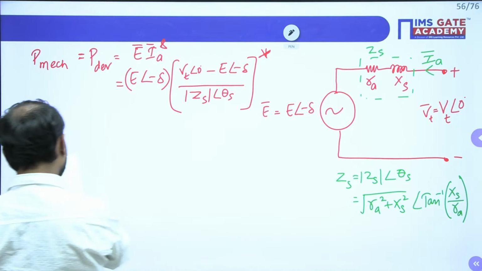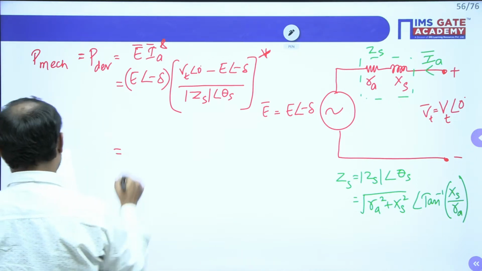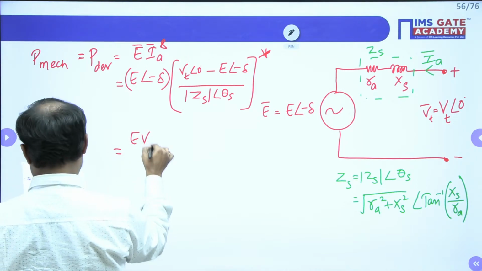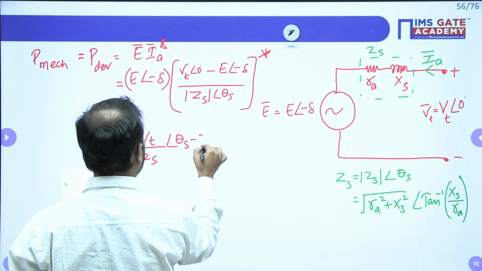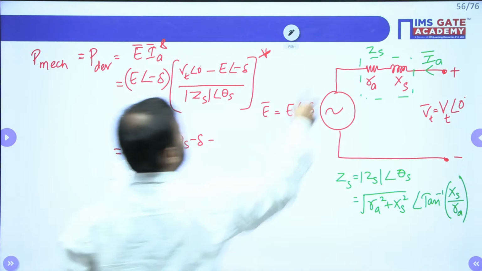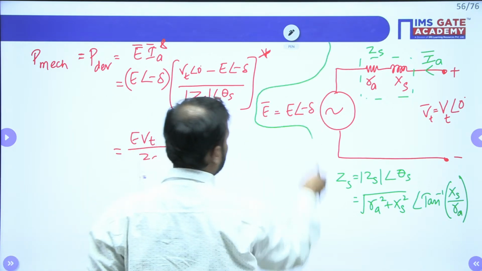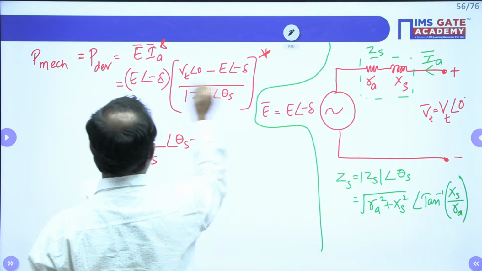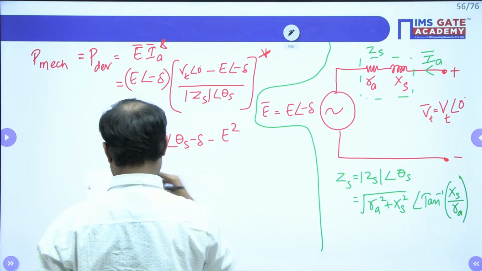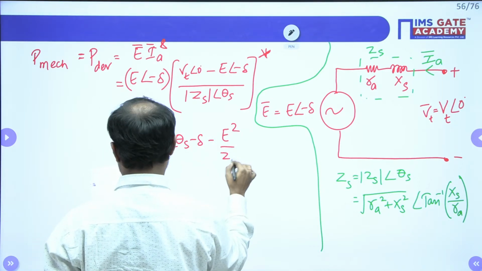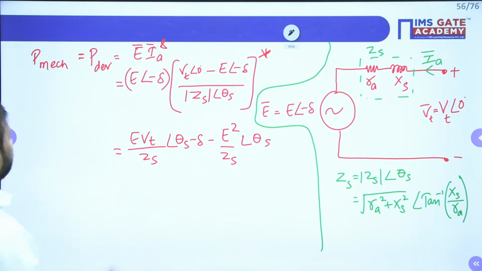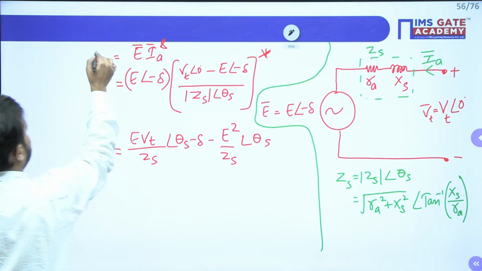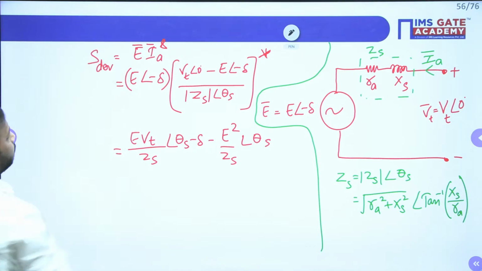So from here we have E VT by ZS at an angle theta S minus delta minus E square whole divided by ZS at an angle theta S. Is it correct now? This is S developed.